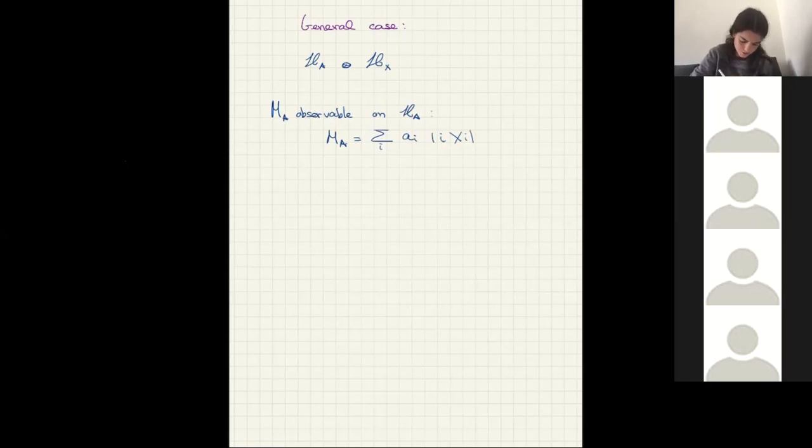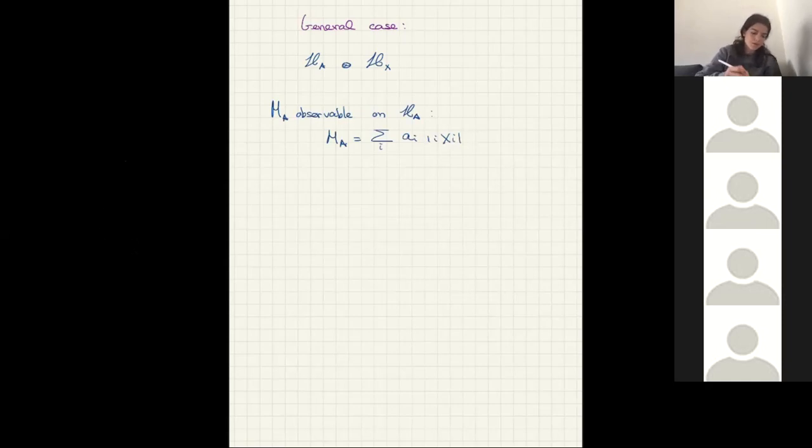We can make it more general by just putting here whatever vectors. Good. Let's put I here, so that it's closer to our example. So this is some basis I of system A. It doesn't need to be a qubit anymore. It could be 3 qubits, for example. It could be an n-dimensional system. It could also be a continuous system. But we have some observable that is like this.